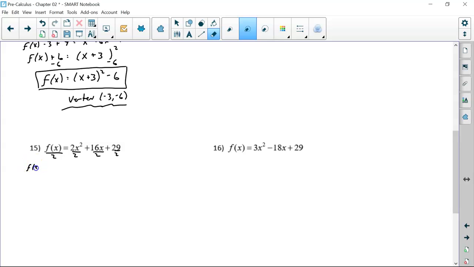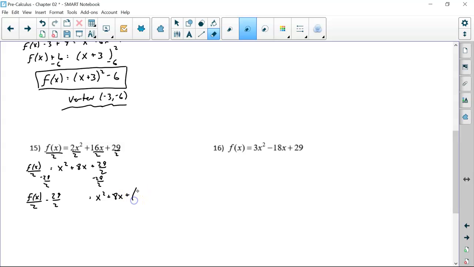So it's f of x over 2, don't worry about the fraction, equals x squared plus 8x plus 29 halves. You need to isolate, so I'm going to subtract the 29 halves from both sides. Don't worry about the fraction. f of x over 2 minus 29 halves, leave some space, equals x squared plus 8x. Don't worry about the fraction, let the math do the work for you.